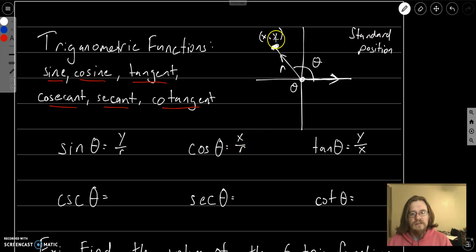Cosine is going to be the x value divided by r, and tangent is y divided by x. Cosecant, secant, and cotangent are going to be the same fractions, but they're reciprocals. So cosecant is going to be r over y, secant will be r over x, and cotangent will be x over y. So let's do a couple of examples where we calculate some of these trig functions for a given angle.